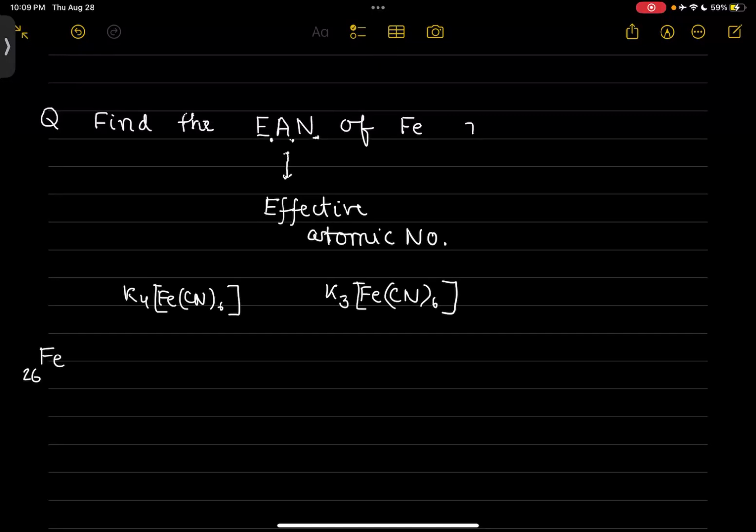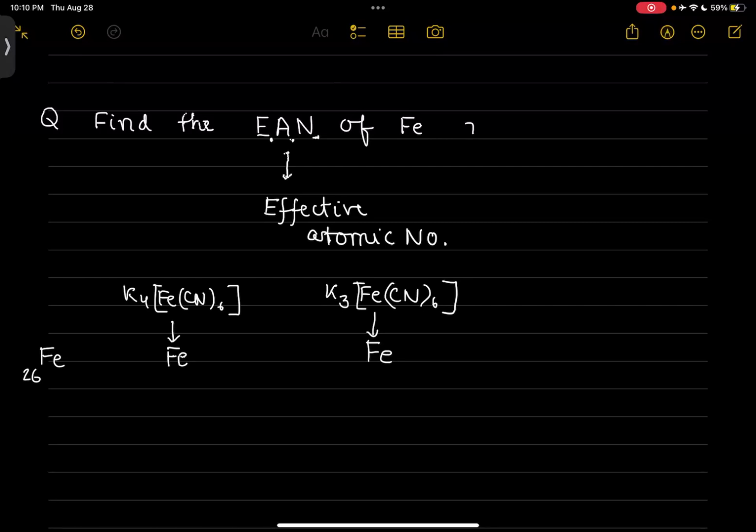So what is the charge, what is the oxidation state of iron in both the complexes? What is the charge or the oxidation state of iron in this complex? Is it +1, +2, or +3?